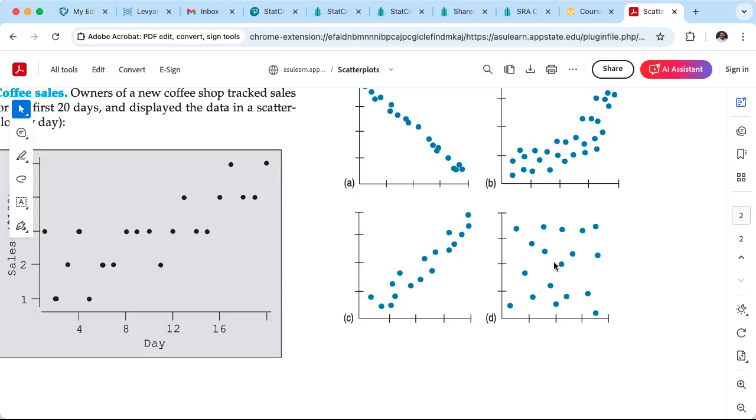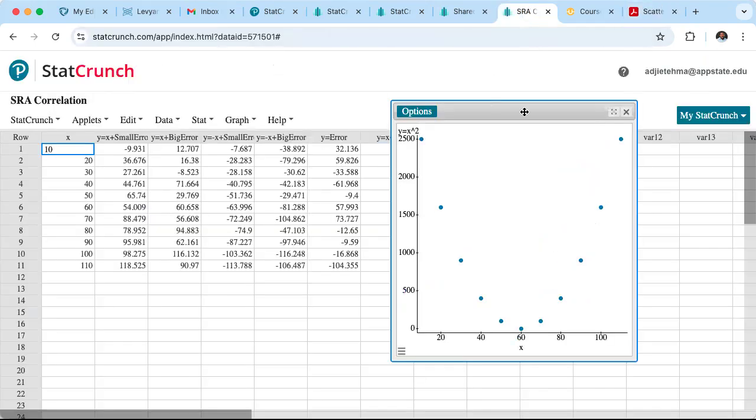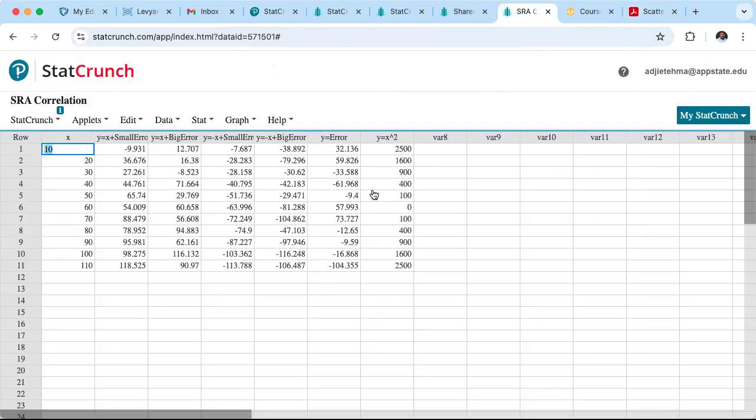Okay. The other thing we want to do is to use StatCrunch to compute the correlation coefficient. So let's get to StatCrunch. I want to compute the correlation coefficient for all these. Is that okay?